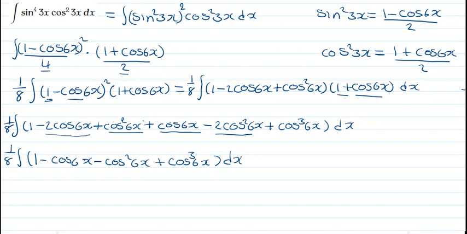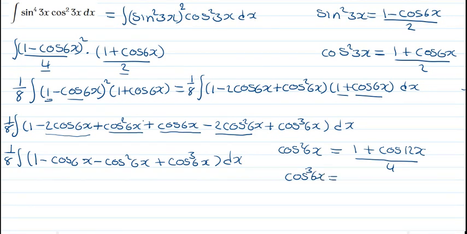With this, we're going to simplify it, since we know that cos squared 6x is equal to 1 plus cos 12x, everything over 4. Then cos cubed 6x is equal to cos 18x plus 3 cos 6x, everything divided by 4.